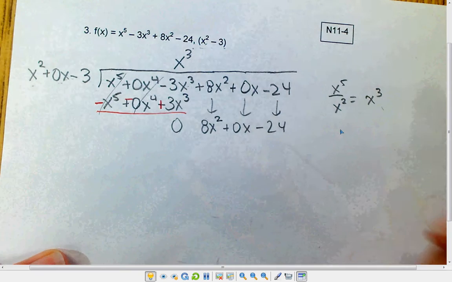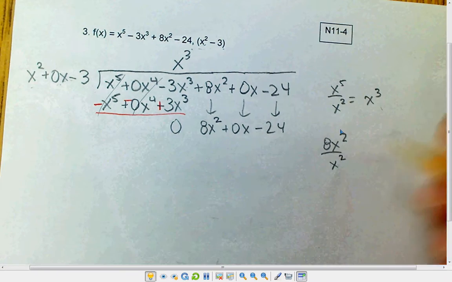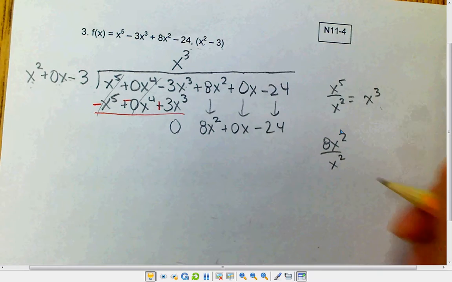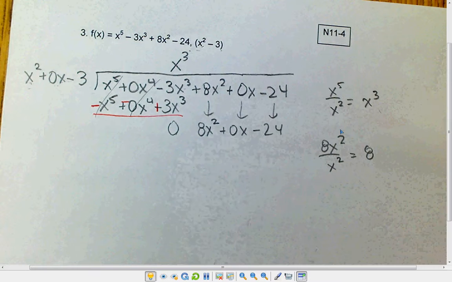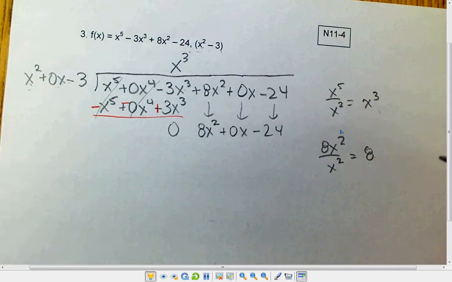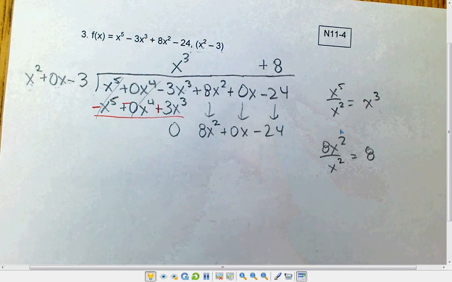And we're going to do the exact same thing we did before. So we had 8x squared divided by x squared. We're taking our first term, dividing it by our first term here. And this just gives us 8 because the x squareds cancel out. And it's a positive 8, so it's going to be plus 8. I'm going to write it up here above my 24 because those match up.